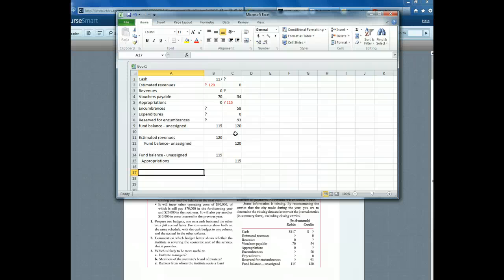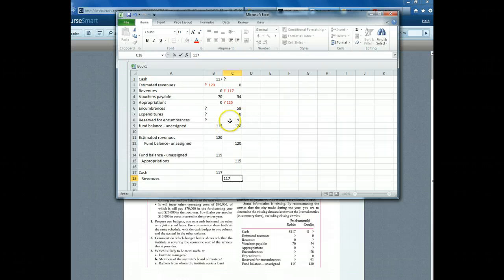Okay, cash and revenues. What do we see our cash at? 175. Well, that means monies came in. Where does that mean the monies came in from? Revenues. So we know that we're going to have a cash of 117 and revenues of 117, right?